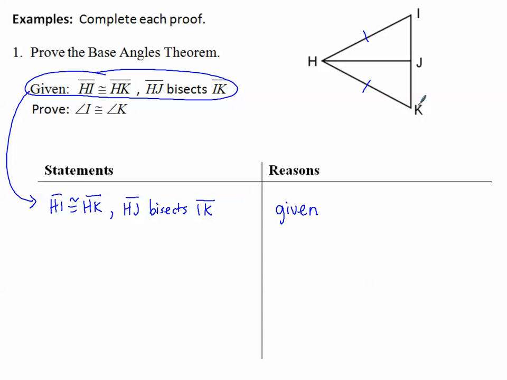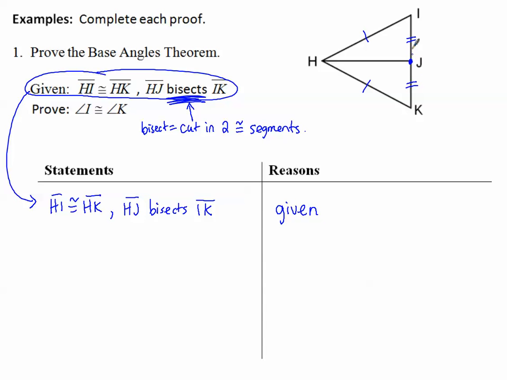Now, how do I show that a segment is bisecting another segment? Well, what does bisect mean? Bisect means to cut in two congruent segments. Cut it in half. Cut it in the middle, at its midpoint. So how do I show that J is the midpoint? I mark this piece congruent to this piece.